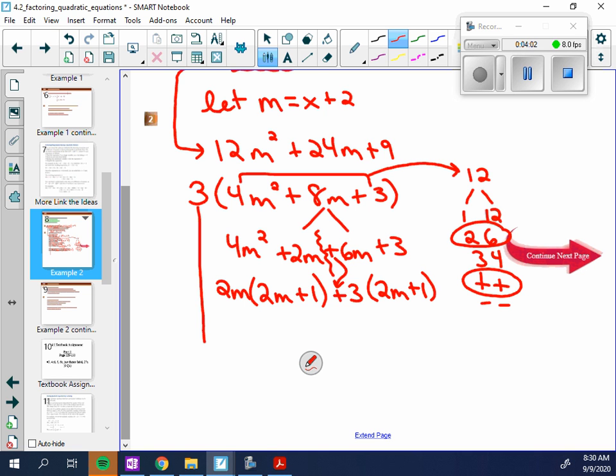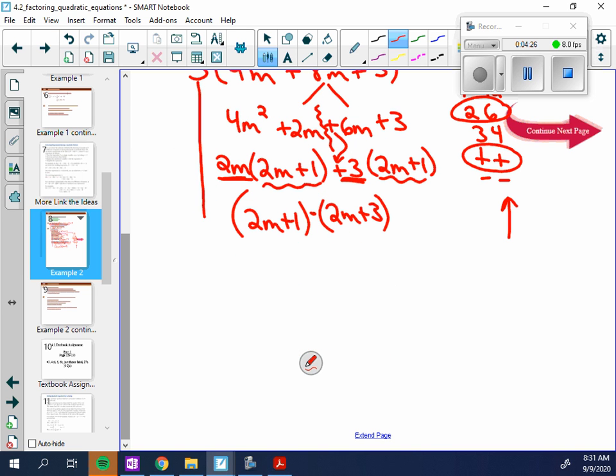I know I've done it correctly because it should work out. If there was something on this list over here that worked, then these 2 factors should also work and be the same. Okay, so that's one of my factors, 2m plus 1. And my other factor is these greatest common factors together. So this is where it becomes multiplication, 2m plus 3. Okay?